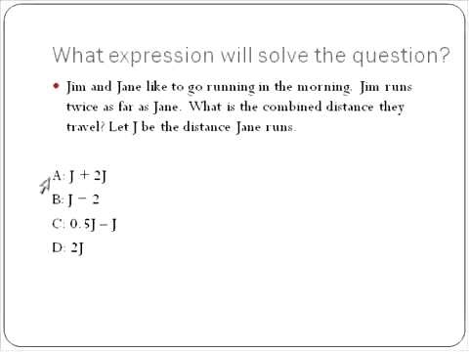The first expression we have here says J, or the distance Jane runs, plus 2 times the distance Jane runs. That shows Jane's distance, the first one, and this would be Jim's distance, right? 2 times Jane's distance is equal to Jim's. So this first expression gives us the expression that will solve this question.